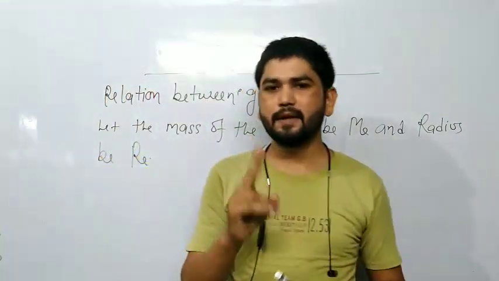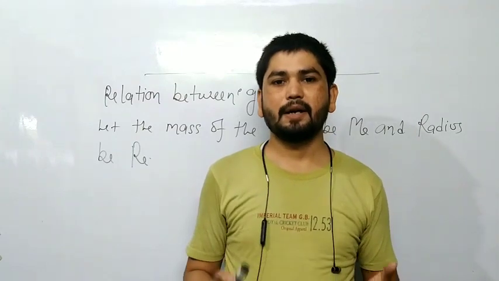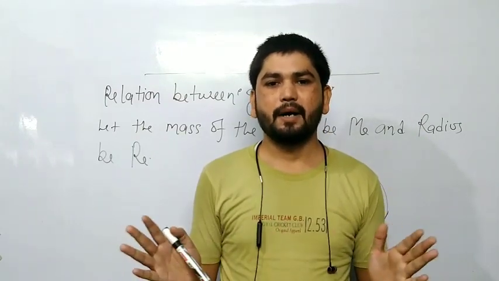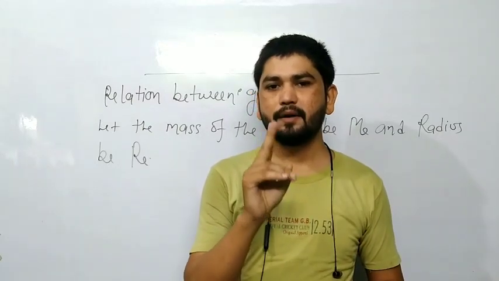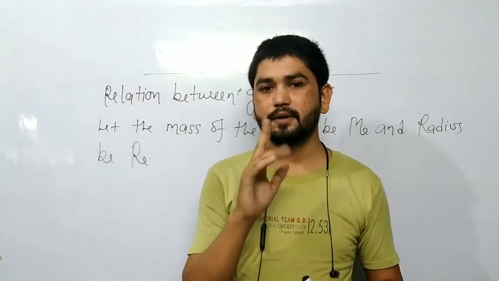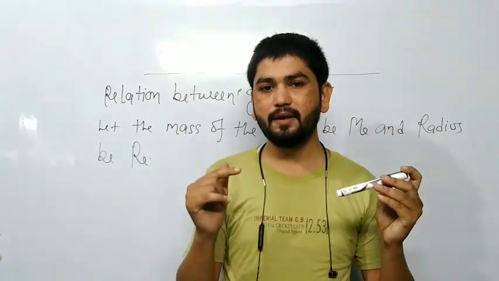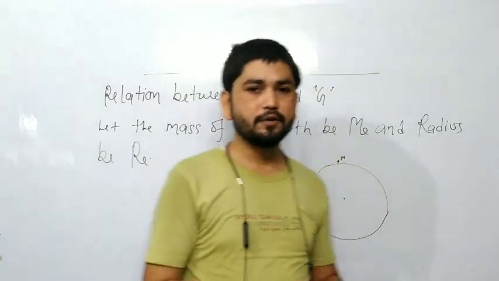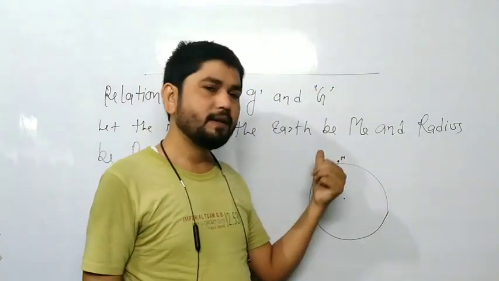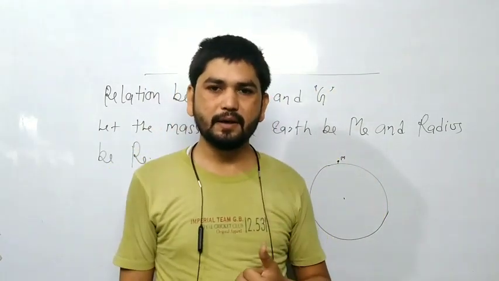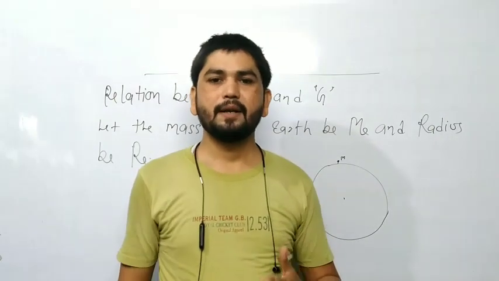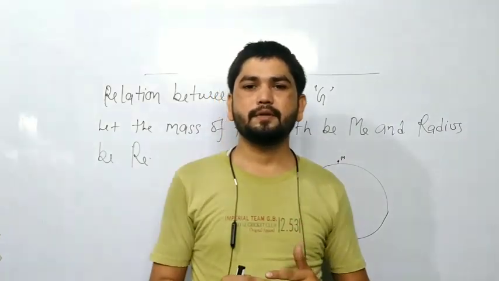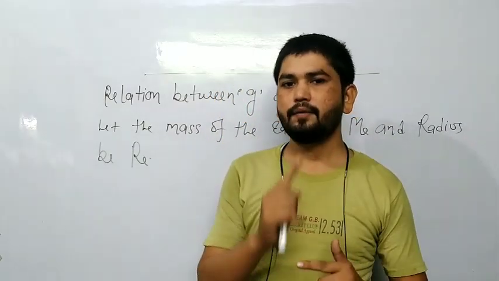Now two objects are there, and in part 1 I have told that where the two objects are doesn't matter. They will have an attraction force between them. This force is known as gravitational force. So between the Earth and this object, there is an attraction force, known as gravitational force.